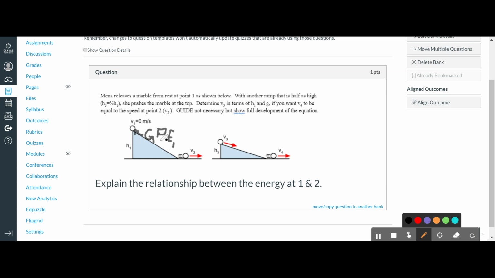Think about that. Can you explain why this is GPE? Okay. Here, there's no more height. So there cannot be GPE. There's no gravitational potential energy here. There's no height.